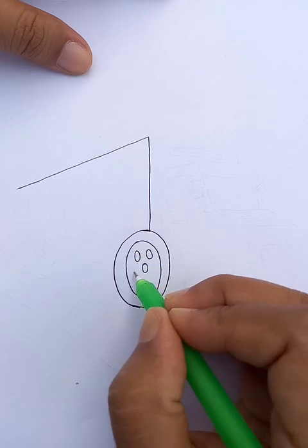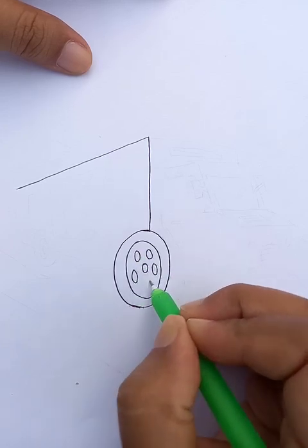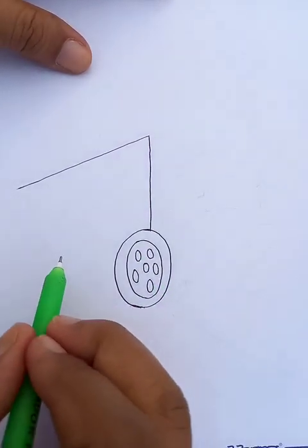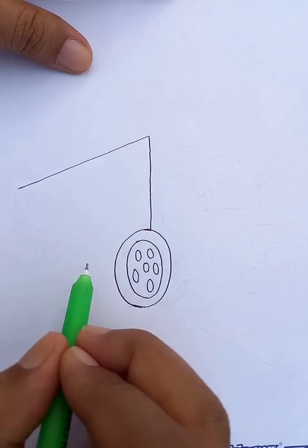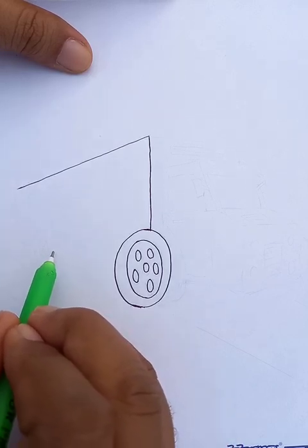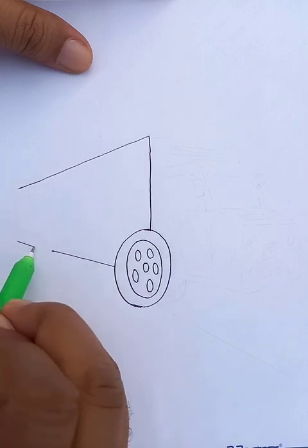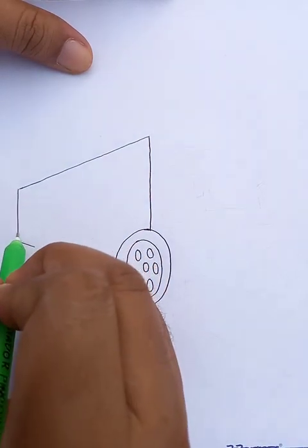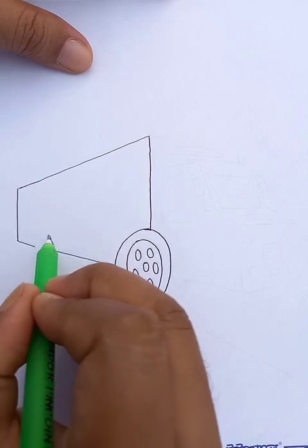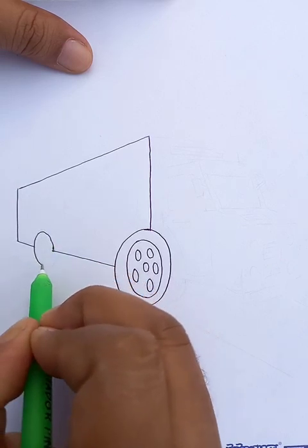For a nice drawing, let's draw the outlines in the beginning. Okay, all right, let's connect these 2 points. We're going to draw another wheel.